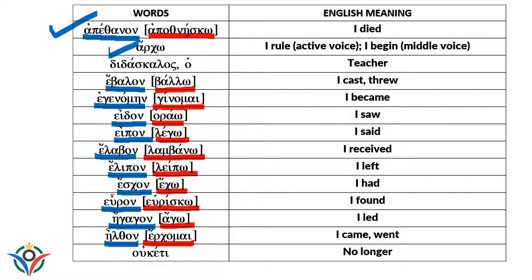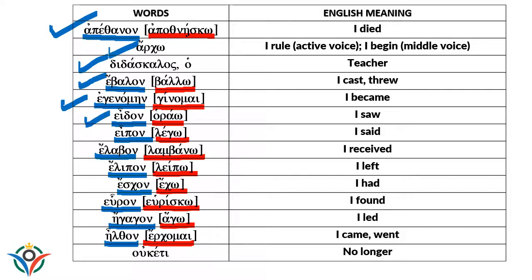Then we have a noun, didaskalos, which means teacher. Then we have balon, which comes from balo, and it means I cast or I threw. Then we have egenomein, which comes from ginomai, and that means I became.